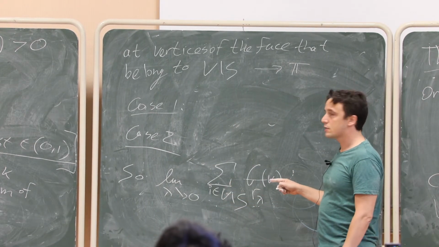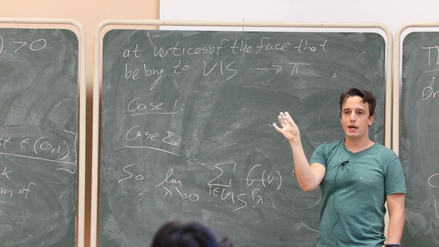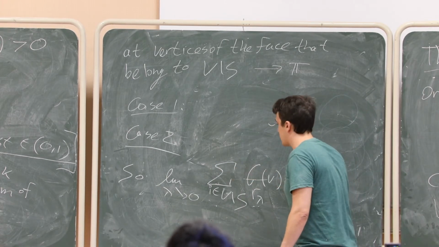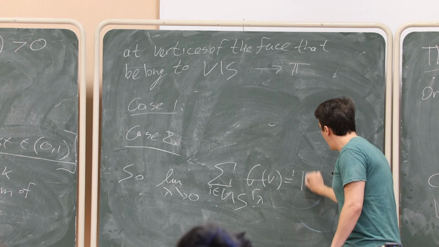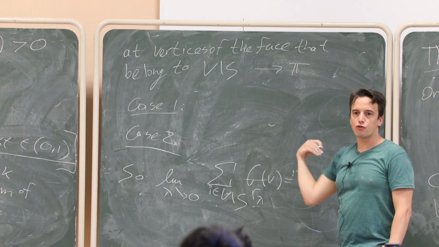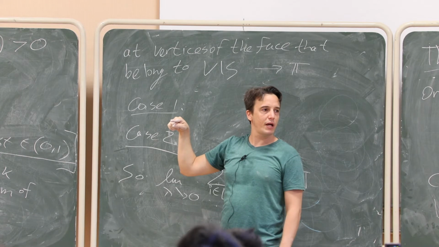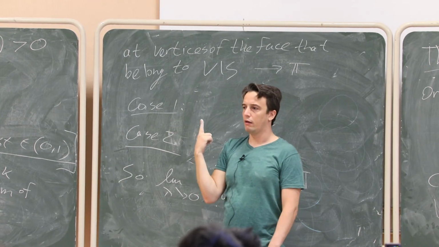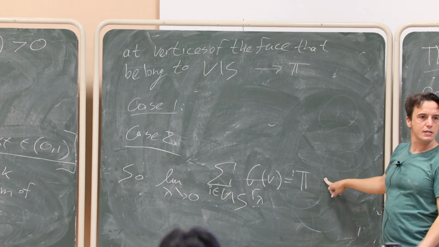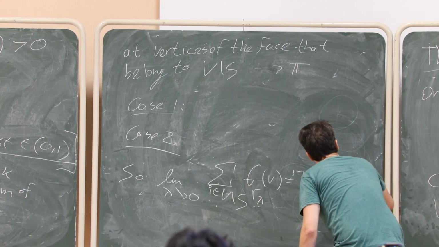For each triangle, we saw that the vertices corresponding to V minus S add to pi. So this limit as lambda goes to 0 will be pi times, counting for each face that has a vertex in V minus S, which contributes precisely pi. So this is exactly pi times the number of faces that have a vertex in V minus S. Let's just call it F of V minus S.